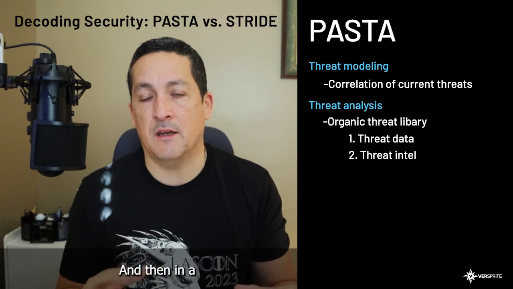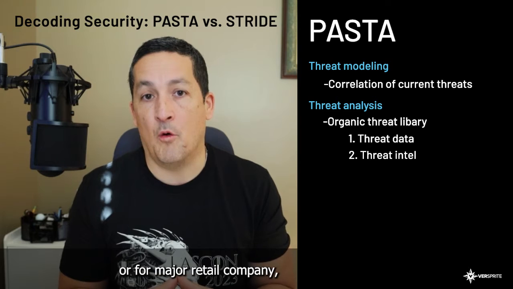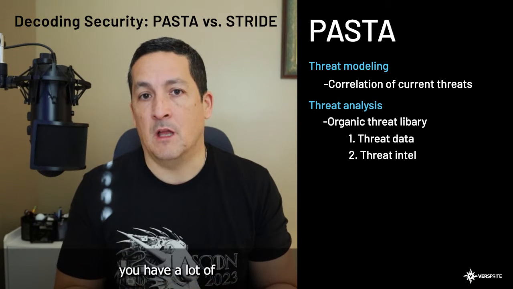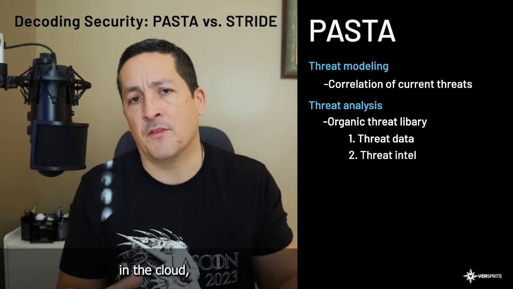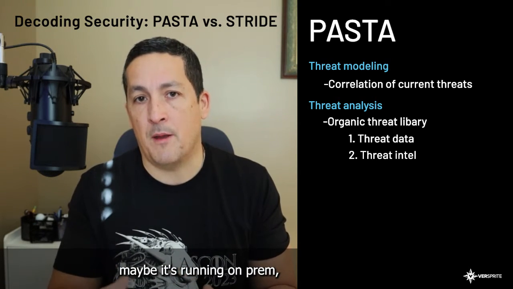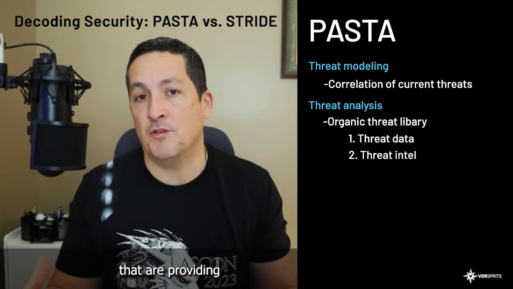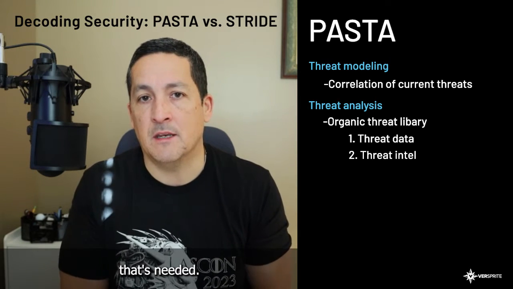So threat data in an application environment, let's say for a big bank or for a major retail company, you have an environment in which your application is running. Maybe it's running in the cloud. Maybe it's running on-prem. Maybe it's making interfaces with key partners that are providing content and information for your application model that's needed.